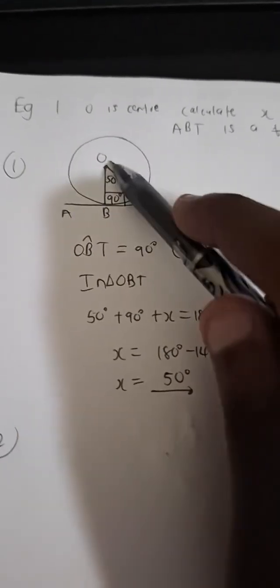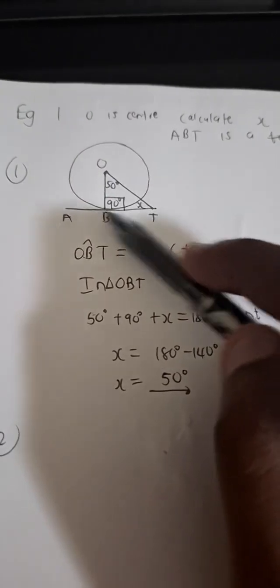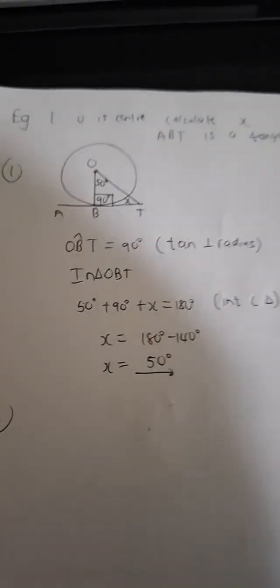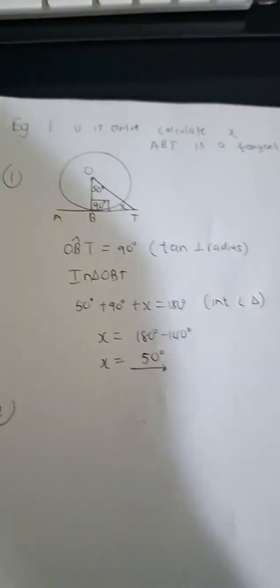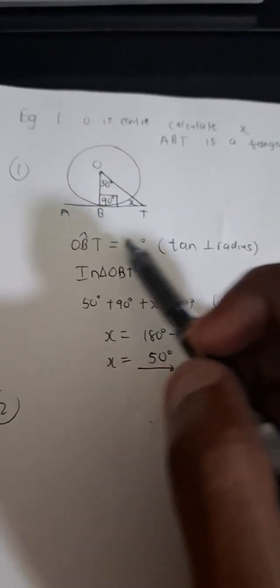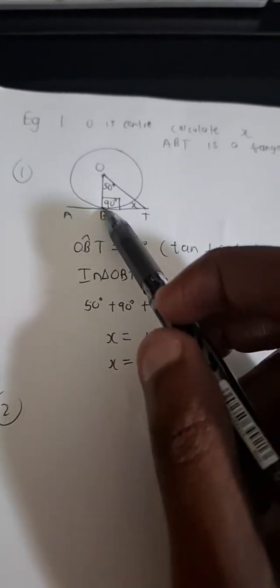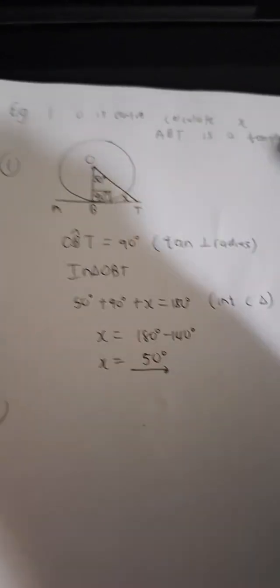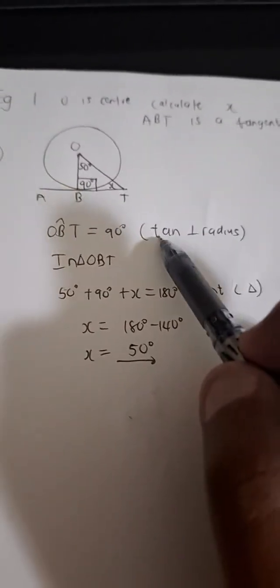The relationship that exists between this OB and this ABT is 90 degrees because there's a perpendicular relationship at the point of contact. So we then conclude that angle OBT is equal to 90 degrees, the reason is tangent perpendicular to radius. We just used the theorem that we've just learned.